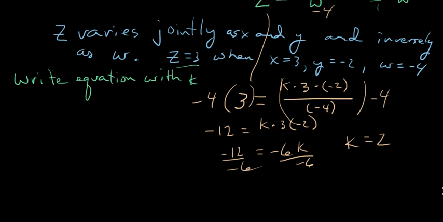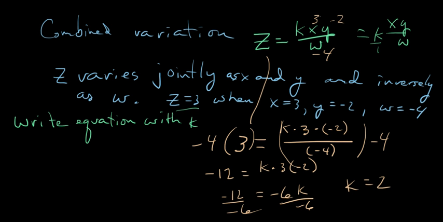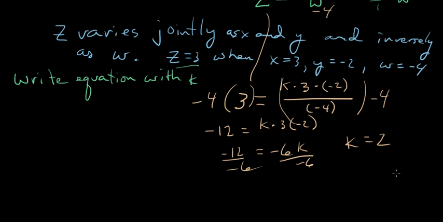So now I can write this equation just like this, only with k, 2 instead of k. So z equals 2xy over w. That's a 2 by the way, not a z.